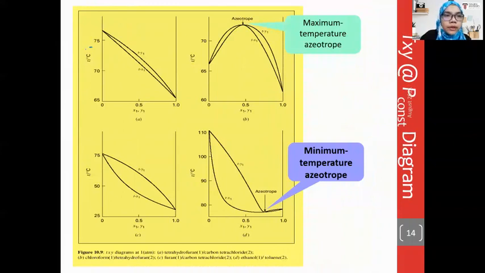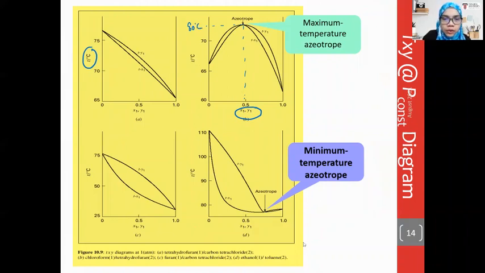If we have the temperature versus composition, we reach the maximum temperature azeotrope. That means we have the same composition of vapor and liquid at a given temperature, maybe about 80 degrees Celsius for this component.